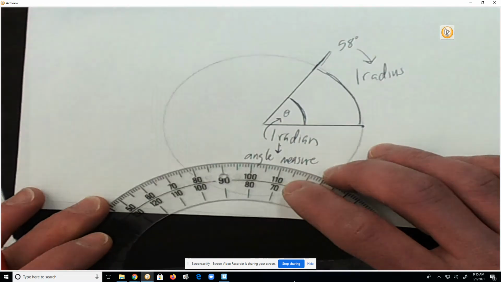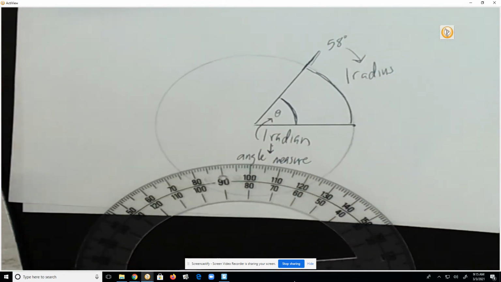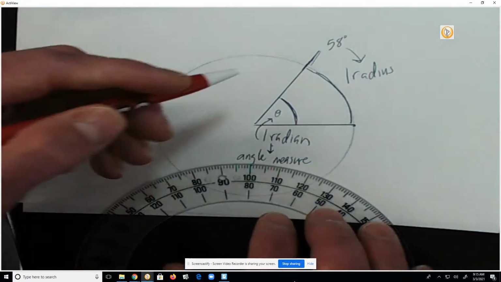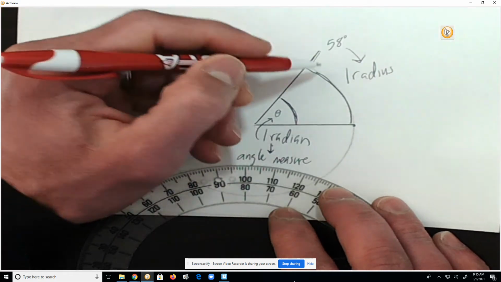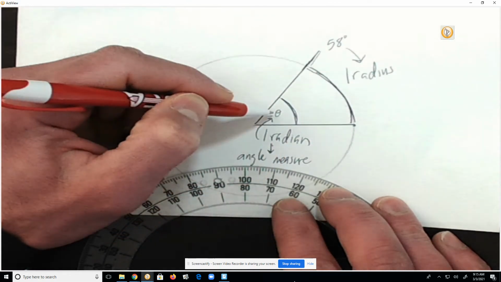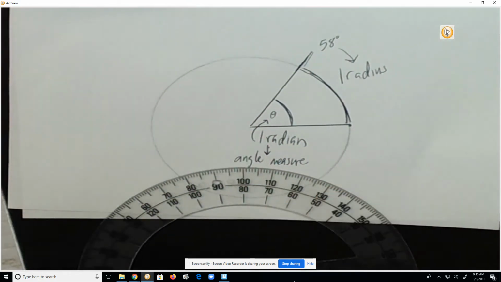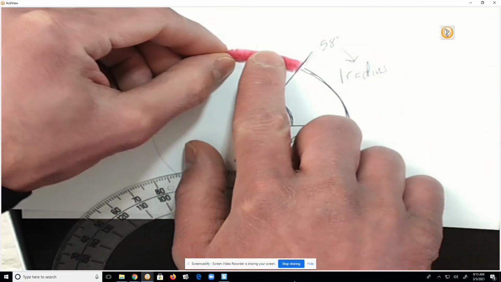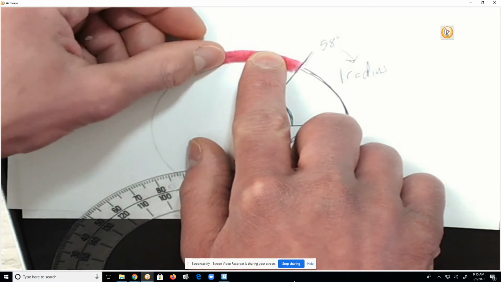It's actually a little less than 58, so my measurement was a little off. But why the heck 58 degrees? What does that really mean to us? Doesn't really mean a whole lot. It's really intuitive to think, okay, one of these radians cuts into exactly 1 radius length of my circle, which is equivalent to about 58 degrees.